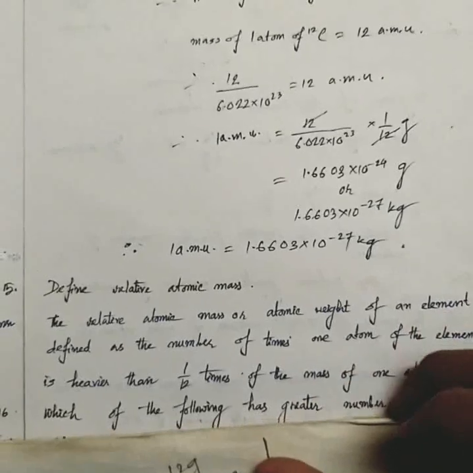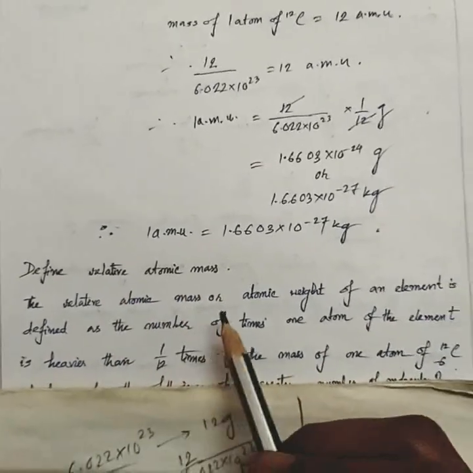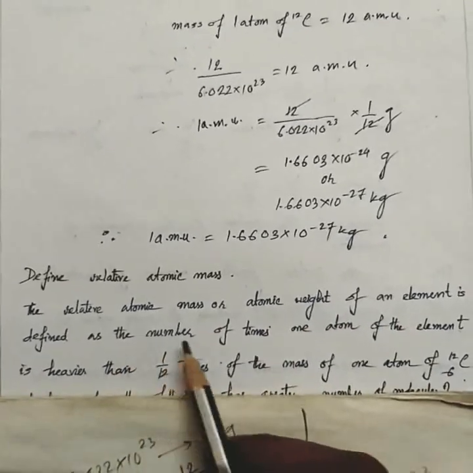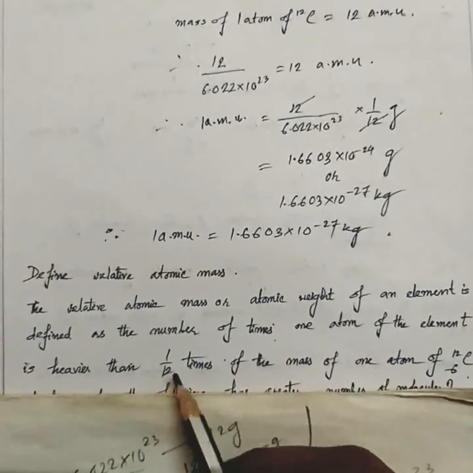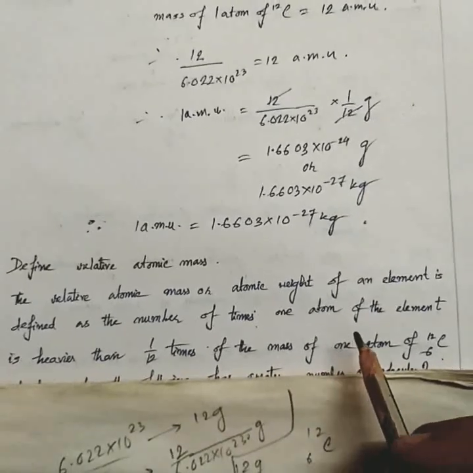Now we are going to study question number 15, which says define relative atomic mass unit. The relative atomic mass or atomic weight of an element is defined as the number of times one atom of the element is heavier than 1 by 12 times of the mass of one atom of 6C12. What does it mean?